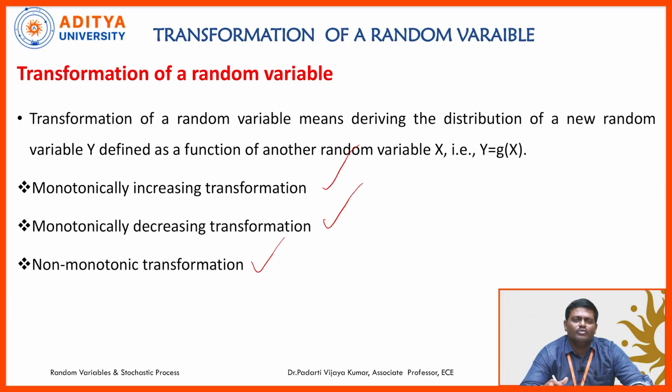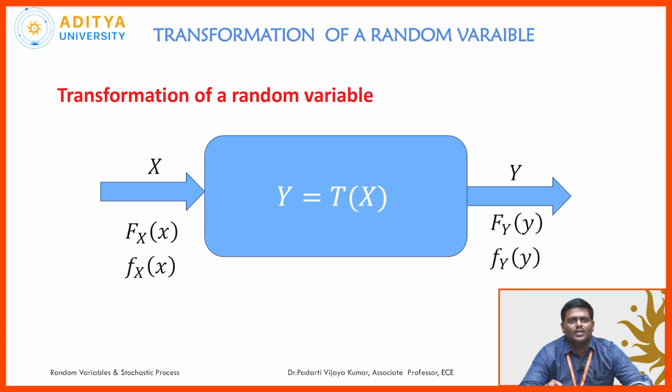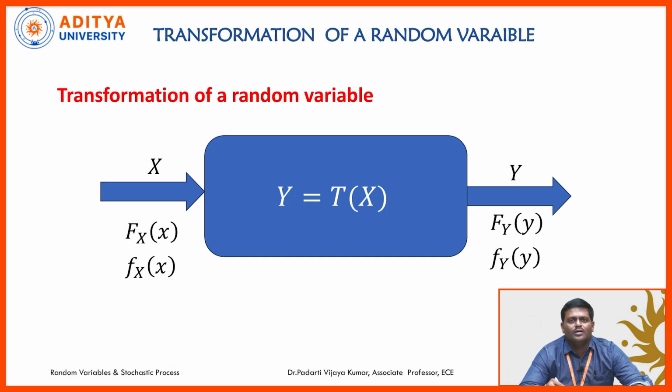So in general, when we want to change the random variable or apply any operation on a random variable, it is going to generate a new random variable. That new random variable is called the transformed random variable. See here, x is a random variable which is applied as an input to the function. The function can be of any type.